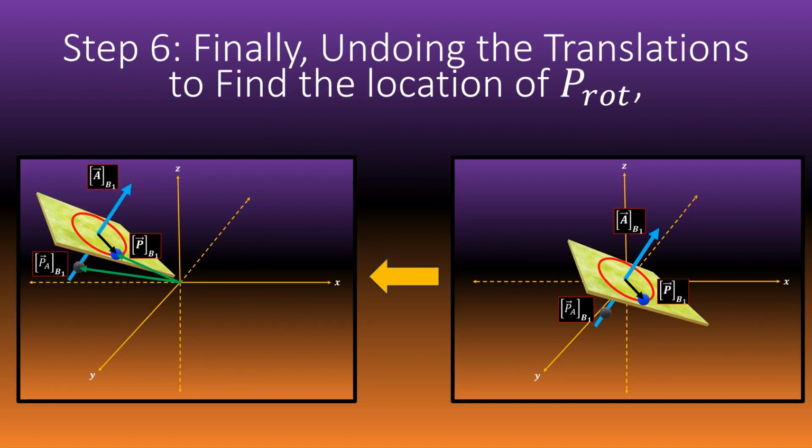So our sixth and final step in explaining why this rotation formula in 3 dimensions is so scary is undoing the translations to find the location of P rot, which is our rotated point, our point that is rotated around the axis in terms of the B1 coordinate system, the XYZ Cartesian coordinate system.